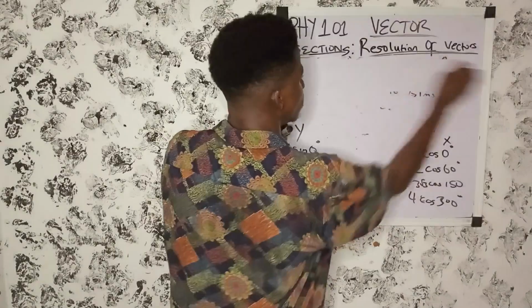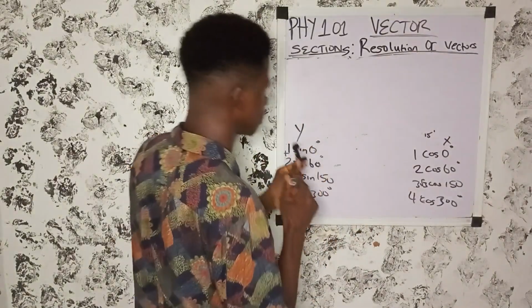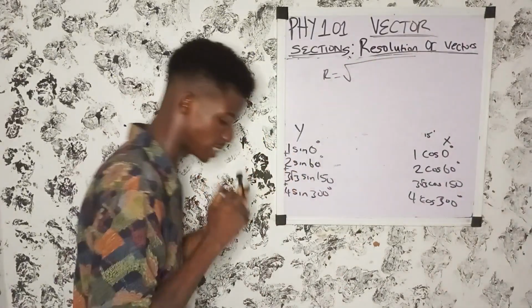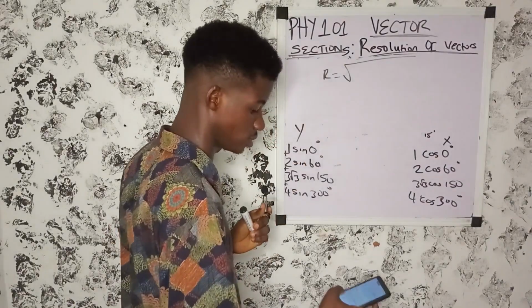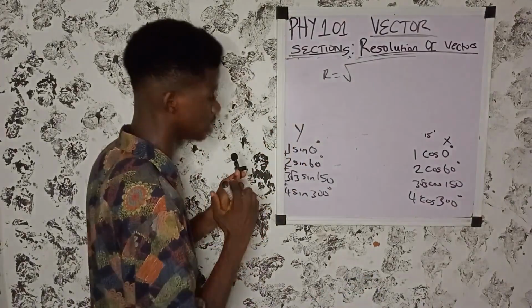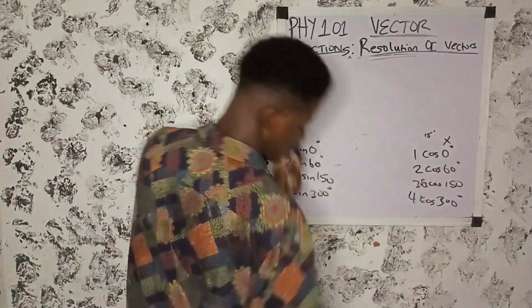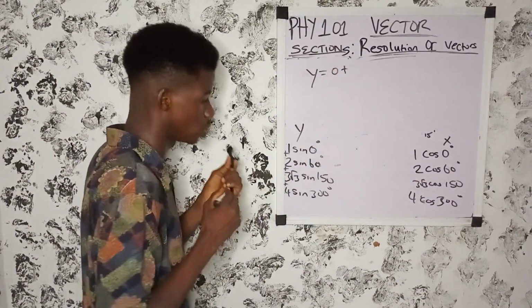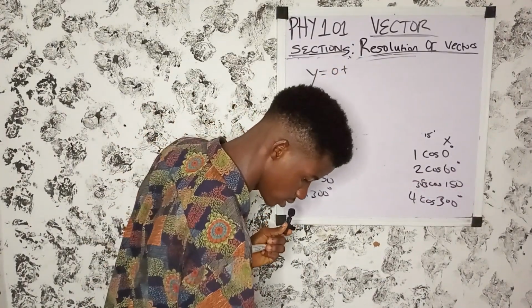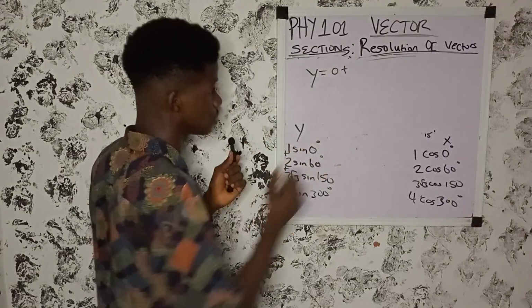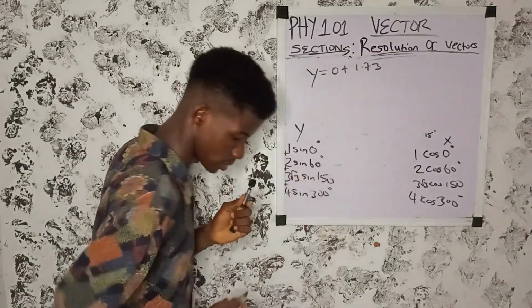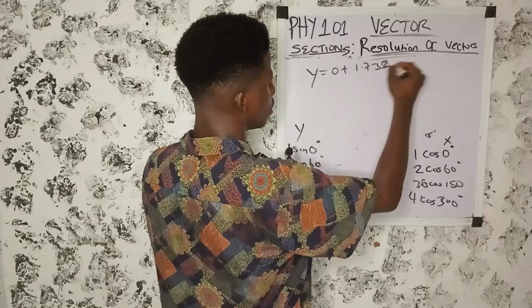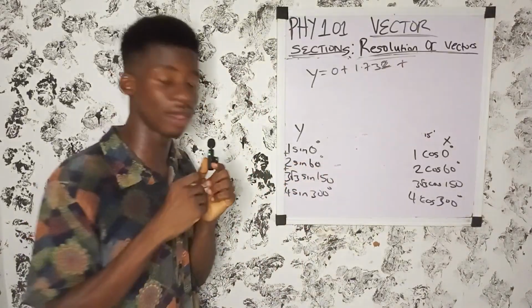Let's add them. R equals root. Now 1 sin 0 will give us 0. Let me look for the total first. Then plus 2 sin 60. 2 sin 60 will give us 1.732. Then plus 3 root 3 sin 150.